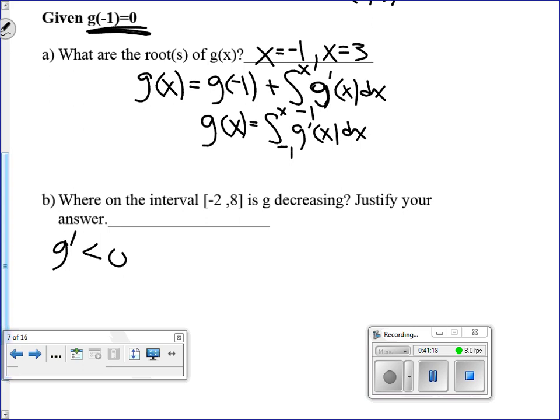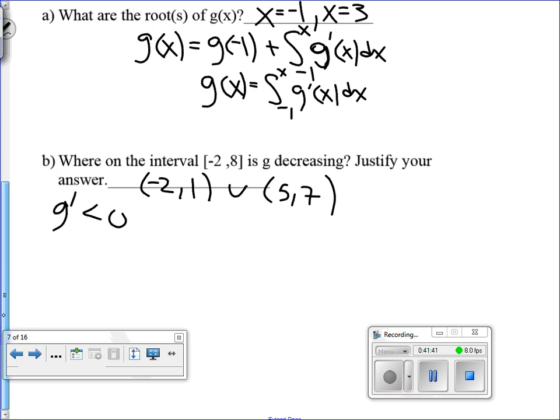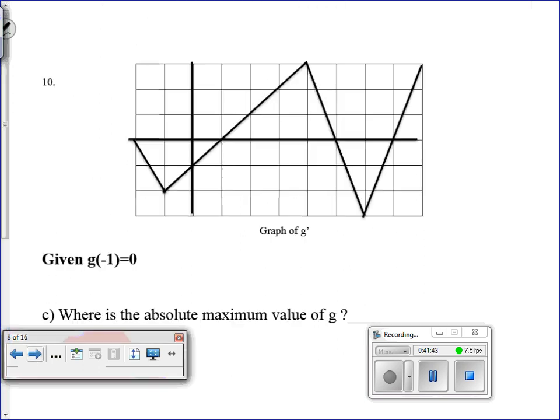But if you want to strictly stay by the book, functions decrease when the derivative is negative, so using the graph, we could say from -2 to 1. Again, if you use the brackets, it's okay. And then again, from 5 to 7. All right, so functions decrease when the derivative is negative.